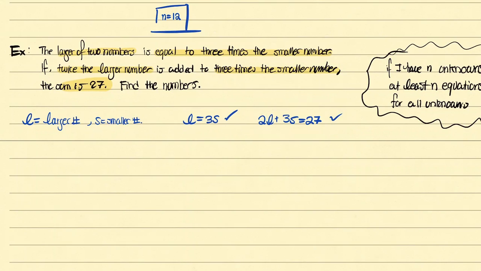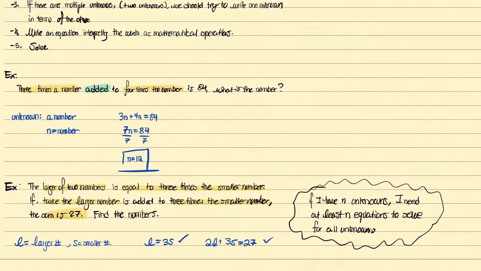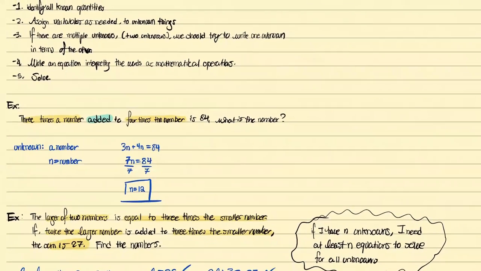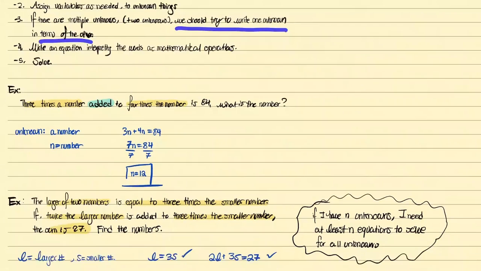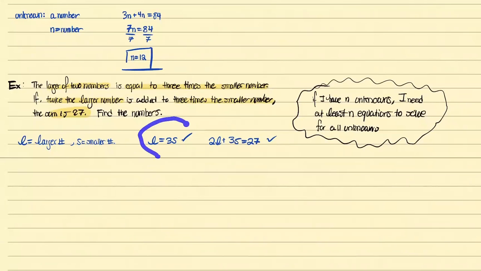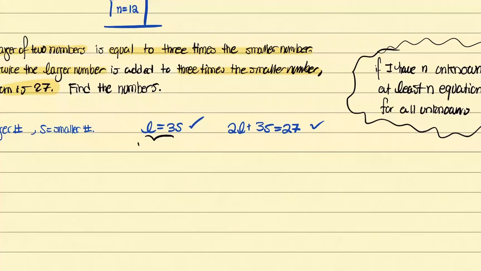So here's what we're going to do. We're going to go back up and look at what we're supposed to do. If there are multiple unknowns, we should try and write one variable in terms of the other. And that's what we have right here. We have L in terms of S. This is what this means. This is L in terms of S.